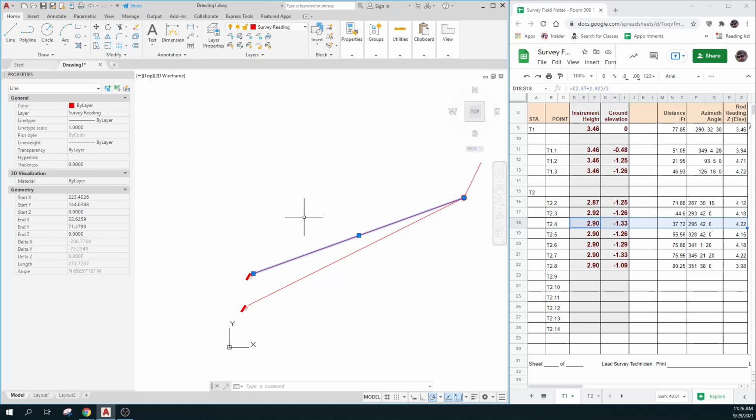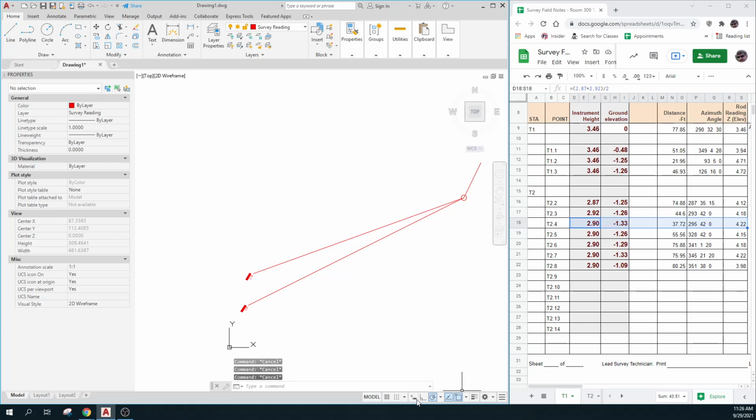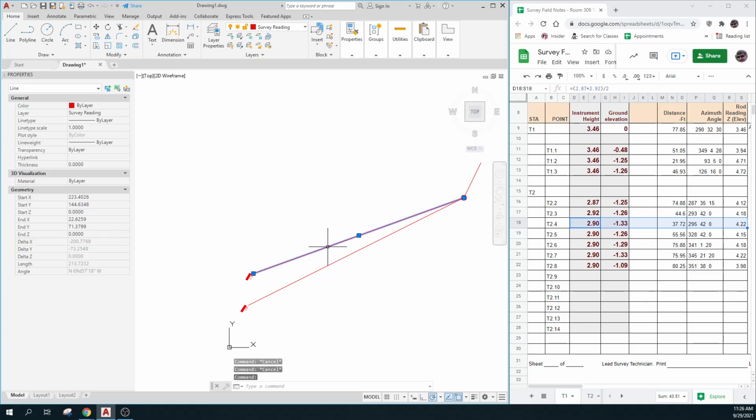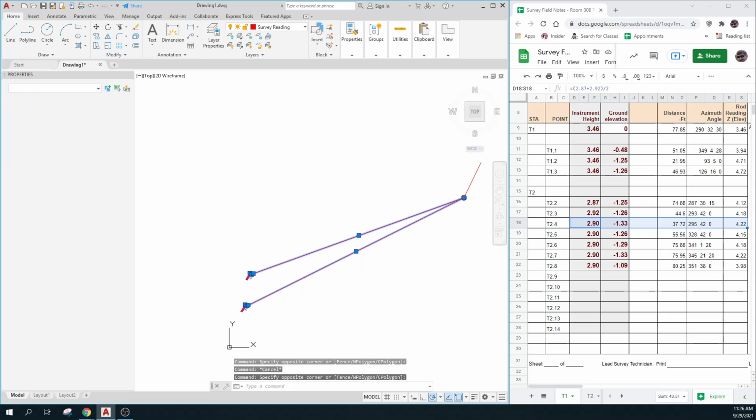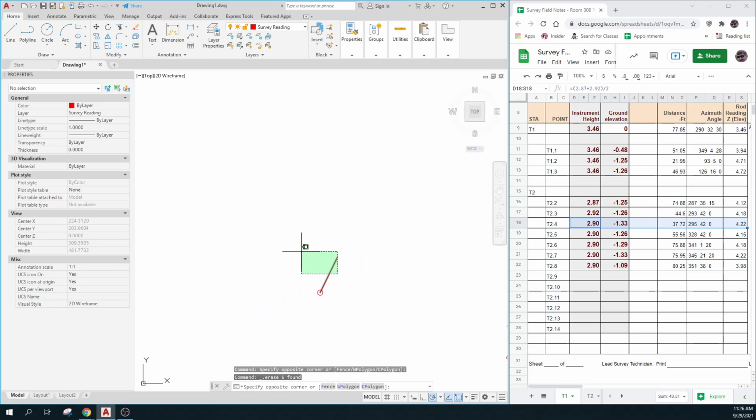What is up with this? Got that off. It's not even close to what I would have typed in. 213. I tell you, my AutoCAD is just really whack doodle right now.